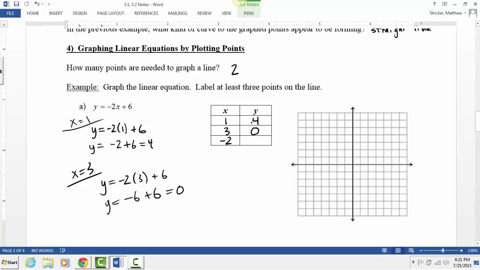So if I take these 2 points, x first, then y. Here's x equals 1, y equals 4. Here's our y-axis. It's up here, so (1, 4) is right there. And then we could take the point (3, 0). X equals 3, y equals 0, so we're right here on the x-axis. That's (3, 0).